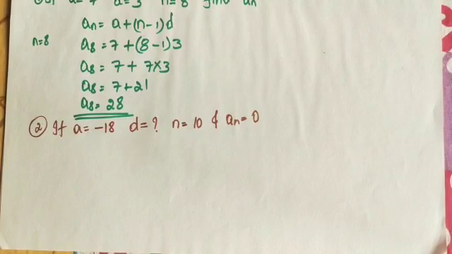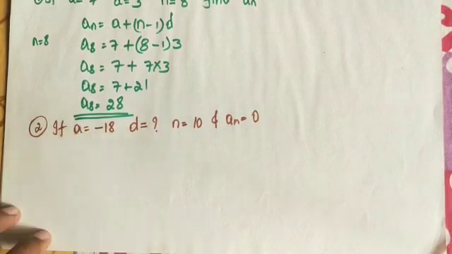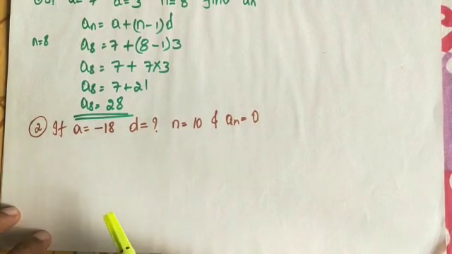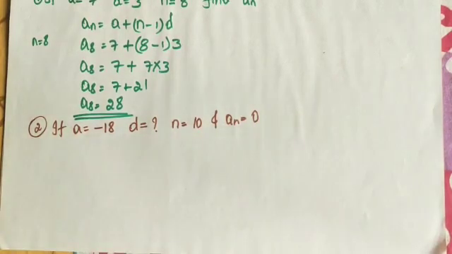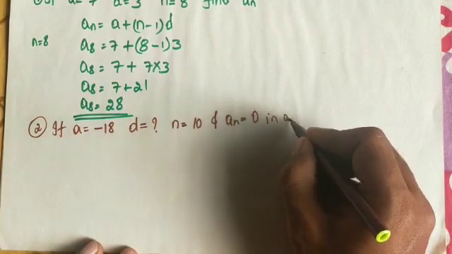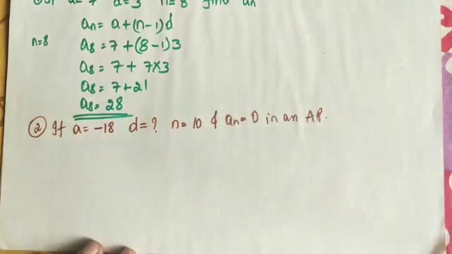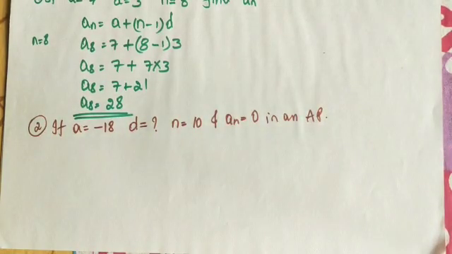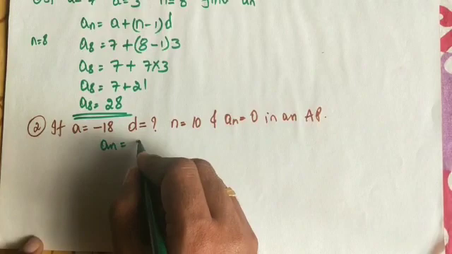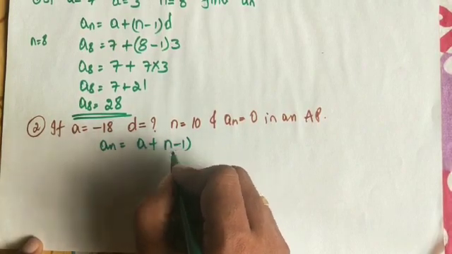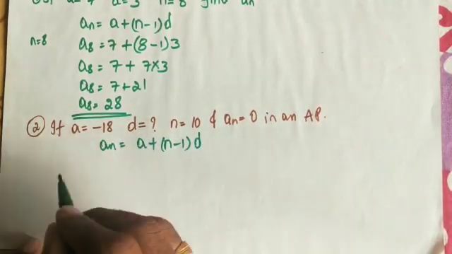Now, if a is equal to minus 18, d is equal to question mark, n is equal to 10, and an is equal to 0 in an AP, then we should find d. For this also, we can use the same formula, an is equal to a plus n minus 1 into d.